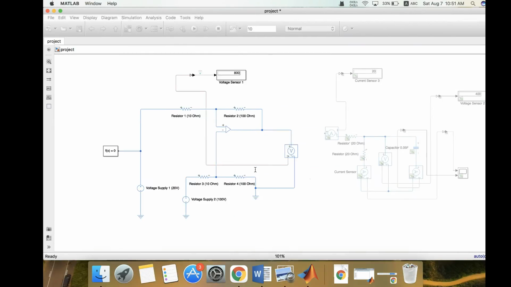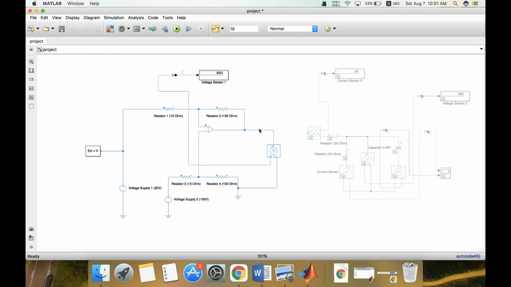So we can now go back to our SimScape page. We first will simulate the op-amp behavior. We have all the voltage supply and resistors setting up, and we can run the simulation now. Okay, so it shows 800 volt, which is corresponding to our previous calculation.